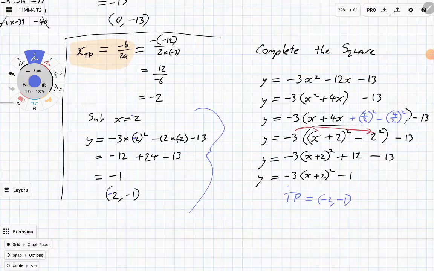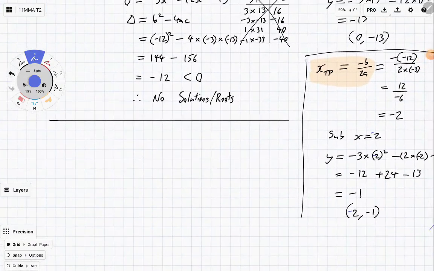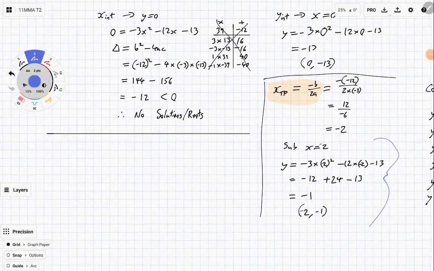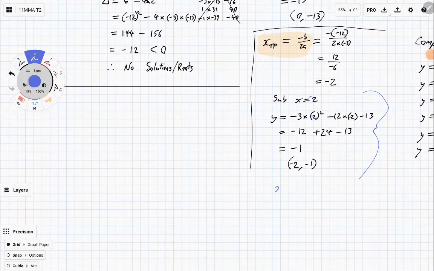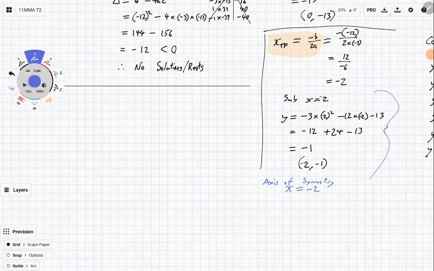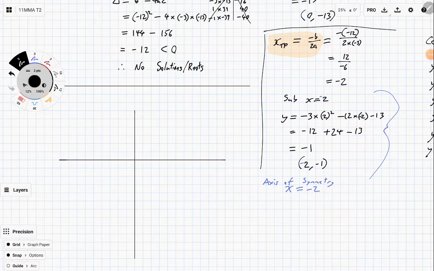Now that we know the turning point, the y-intercept, and also we know the axis of symmetry, x is equal to negative 2, axis of symmetry. Now we can sketch. So, axes. It does not touch the x-axis.